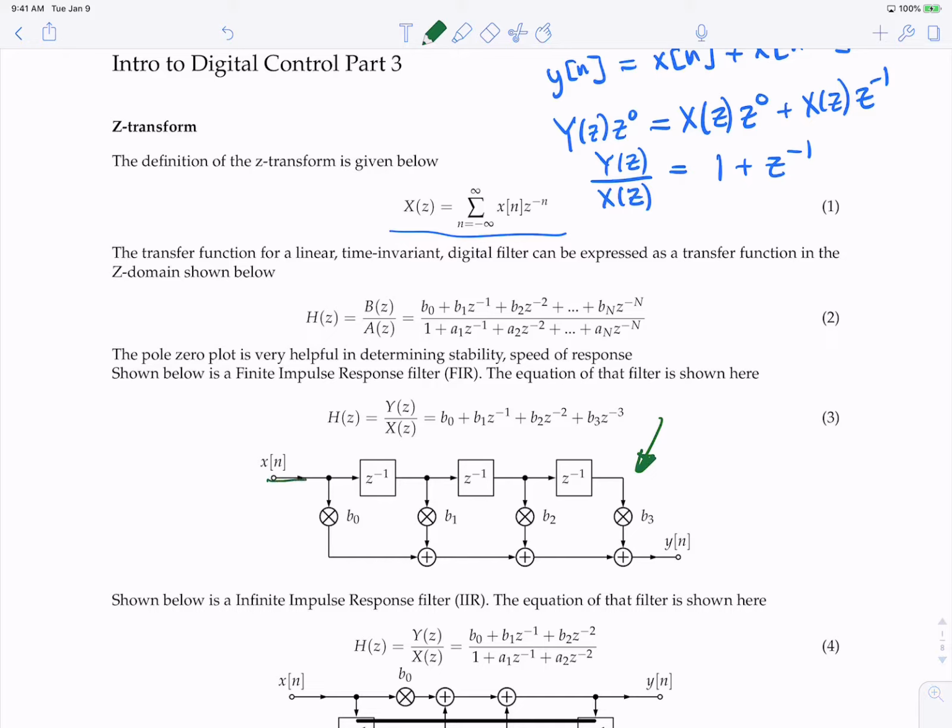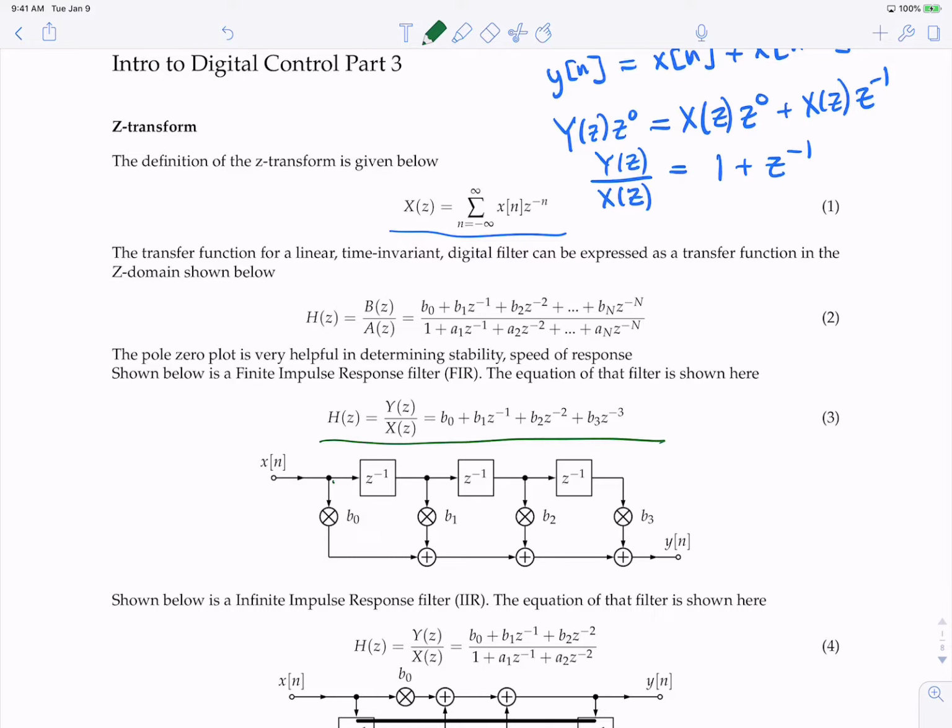The input comes in, and we multiply by B0. The delayed input is multiplied by B1, the twice delayed input by B2, and the three times delayed input by B3. All those get added together to get y of n. So you can see that this signal flow diagram implements the transfer function in equation 3.